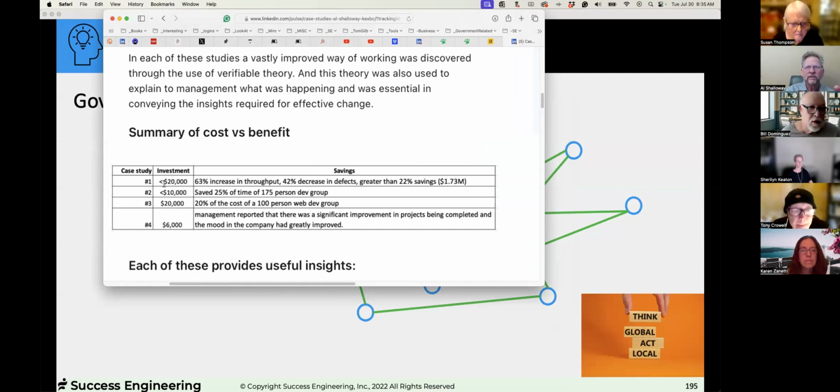The investment was less than $20,000 and they saved $1.7 million. They said, what's 25% of a 175 person dev group worth? What's 20% of a 100-person dev group? This was a company with 300 or 400 people in IT, and nobody had a clue what was going on. It was hard to put a number on it, but it was huge.